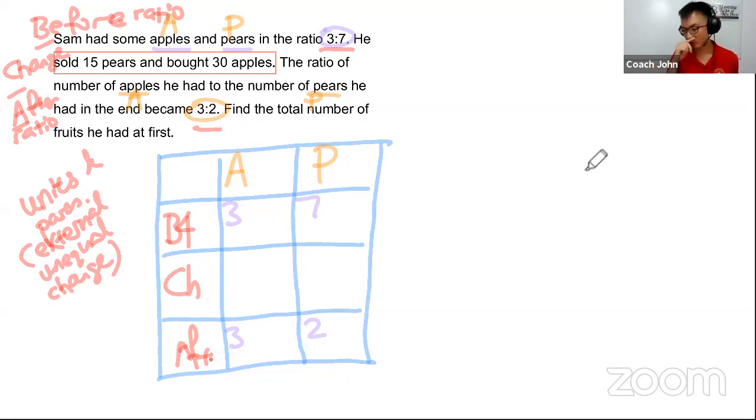A lot of times I don't know why our children are taught to be so reactive towards questions. They see a question, they will just whack and anyhow solve. But if you look at the problem sums closely, every one of them has a core type or a core heuristic concept that you must be able to recognize.